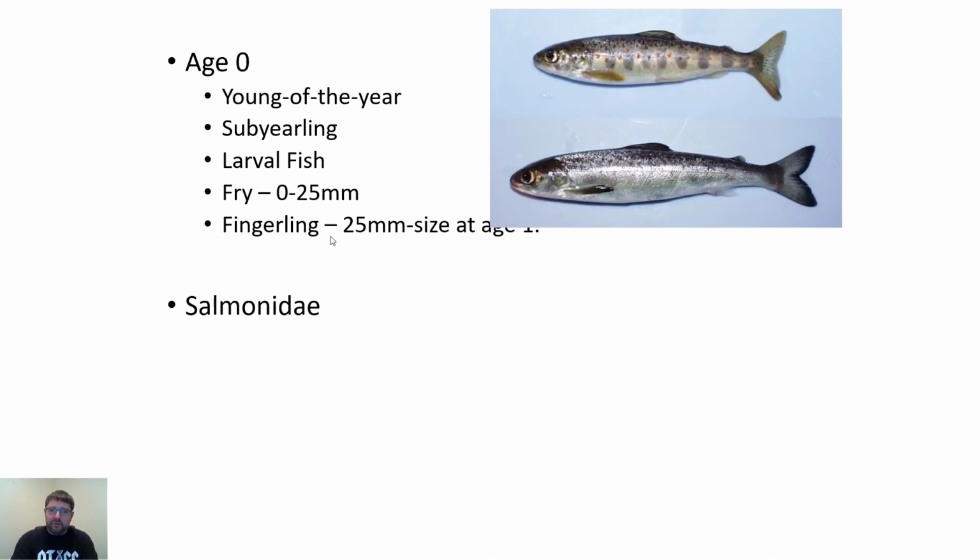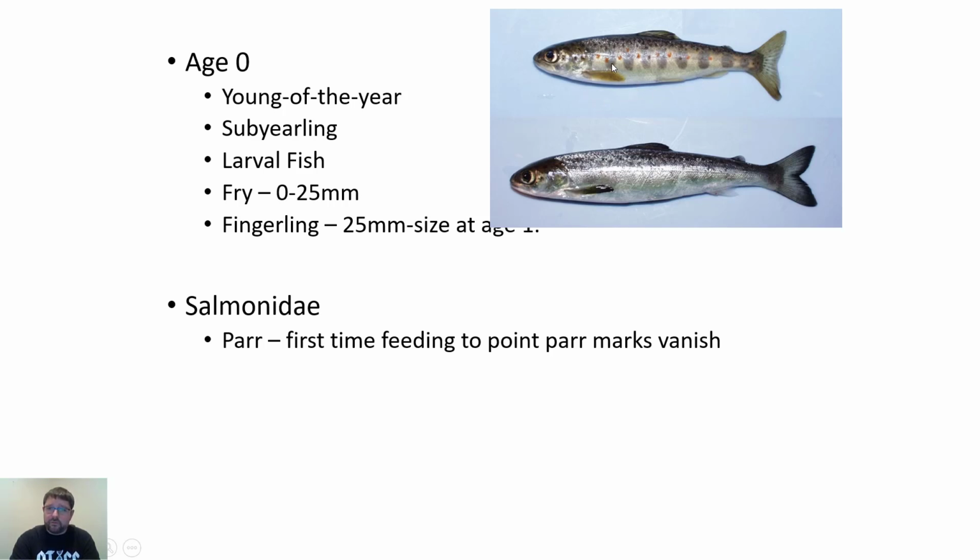So again, back to salmonids. You can see salmonids have a distinct feature that differs between different stages. At that fingerling stage, you can also call them par. Par denotes these little dark markings that run the length of the lateral line, the line that runs down the fish.